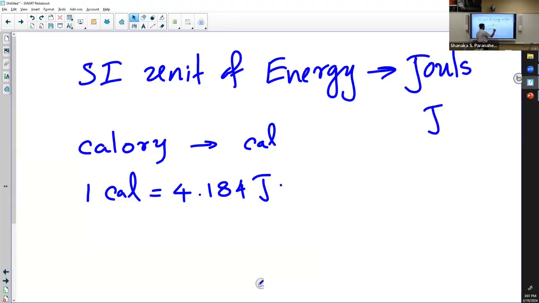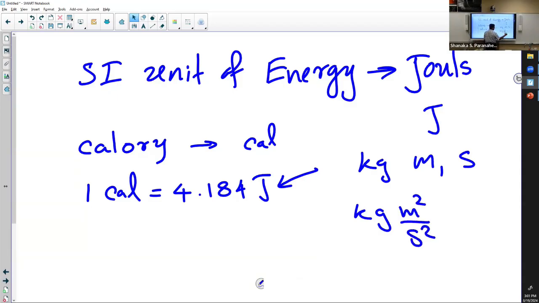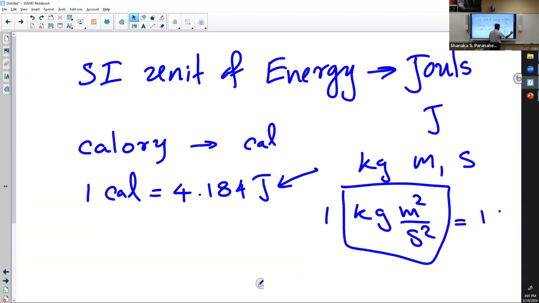Joules has kilograms, meters, and seconds: 1 kilogram meter squared per second squared is equal to 1 joule. That's why we have a separate symbol, but it's a combination of base units of SI.